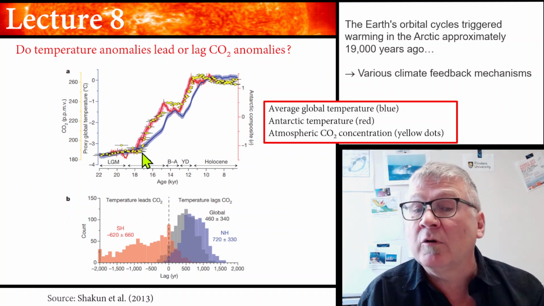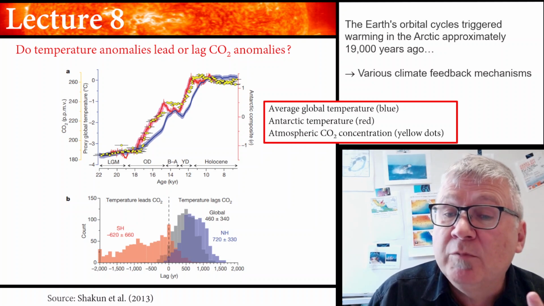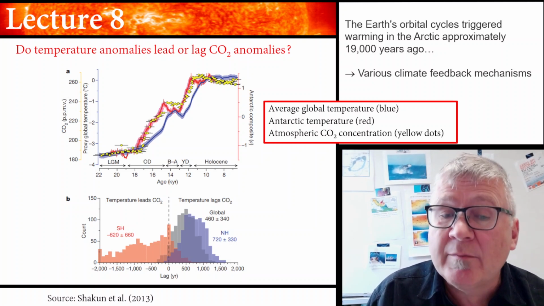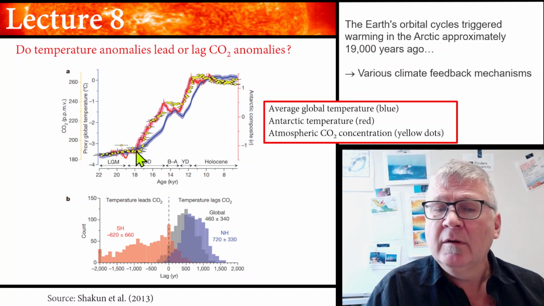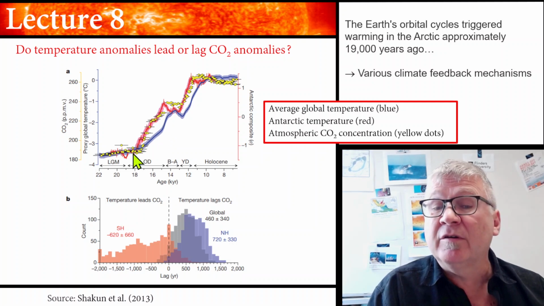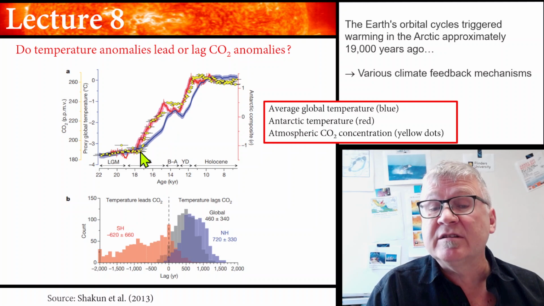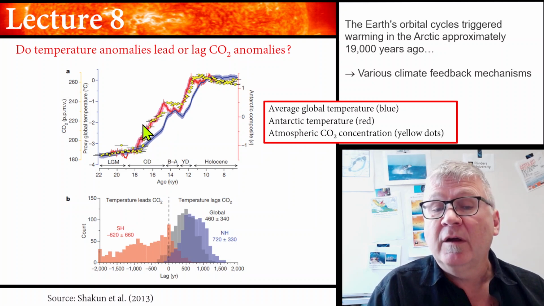What are the other curves? The blue curve is the average global temperature. You can see that the CO2 change comes first, and then it's followed by the global temperature.